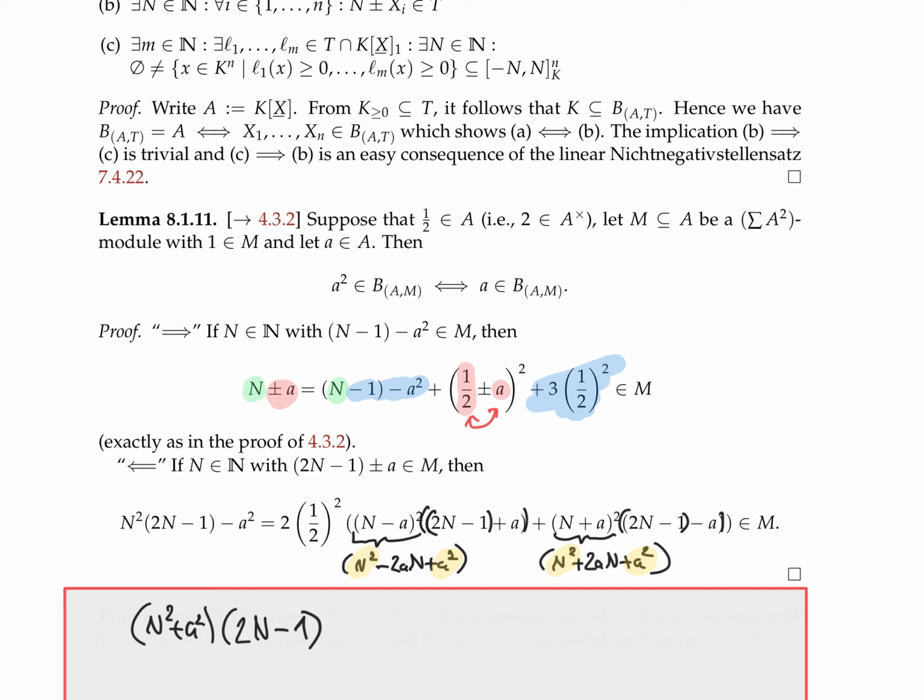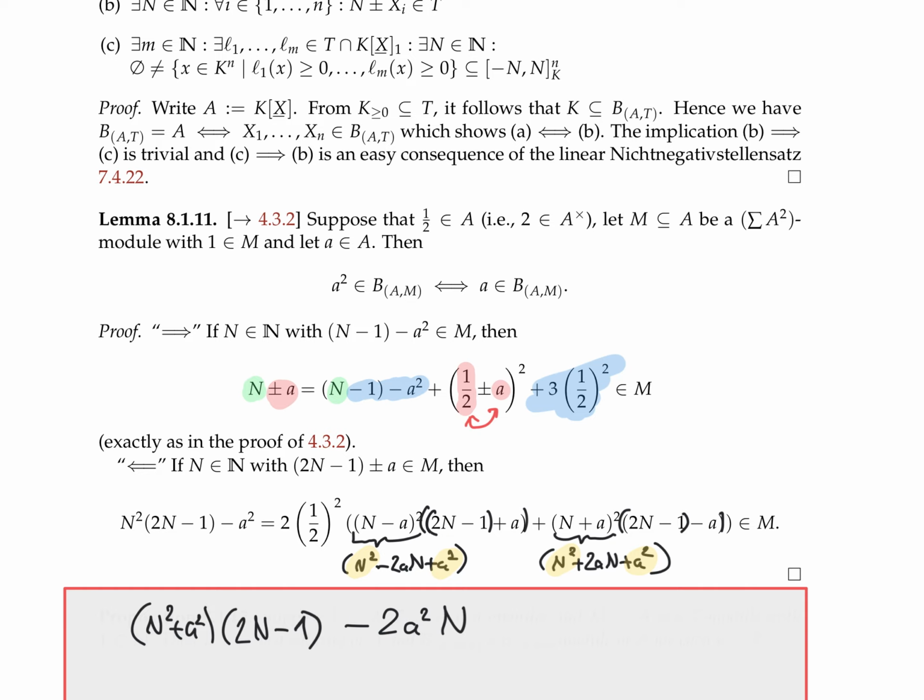The yellow thing times a neutralizes with the yellow thing times minus a. So here I get minus 2a squared times n. And here I get the same thing again. But when I divide by 2, I get in fact minus 2a squared times n.